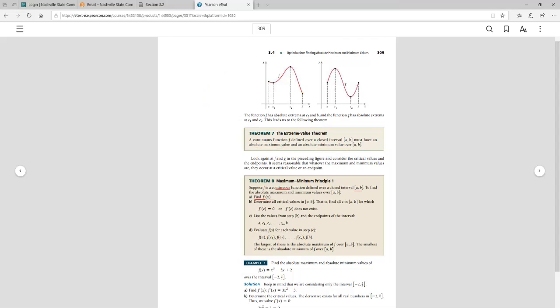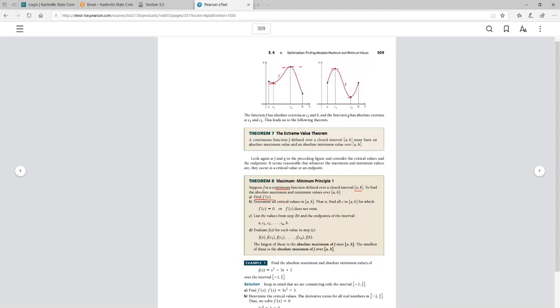Is it not true that at all of the high points, the derivative is 0 or non-existent? If we look here, the derivative at that value would be 0. If we look here, the derivative would be 0. So we set the derivative equal to 0, or we investigate to see when the derivative is undefined.